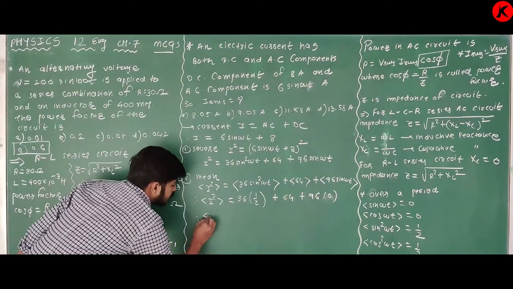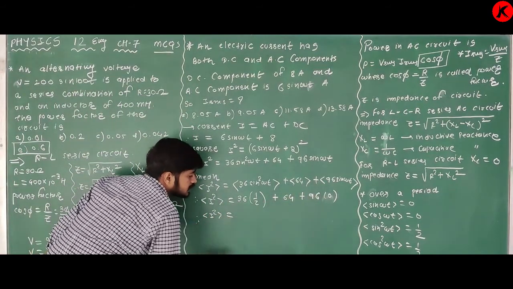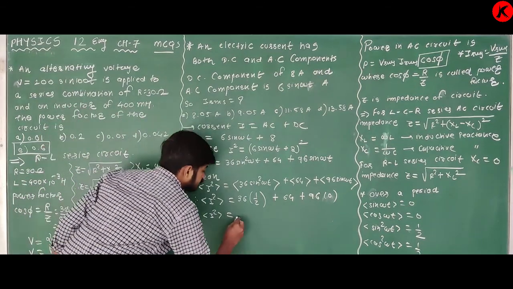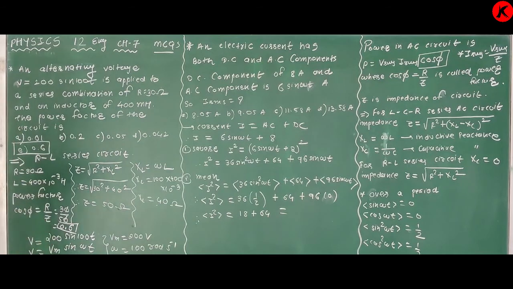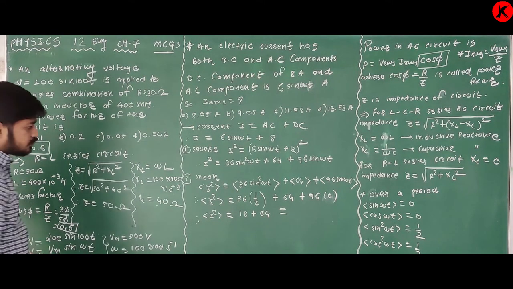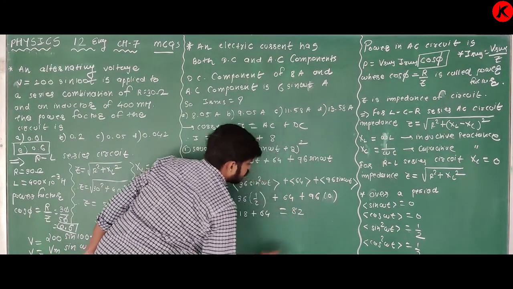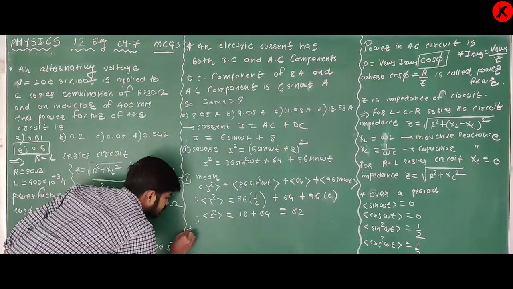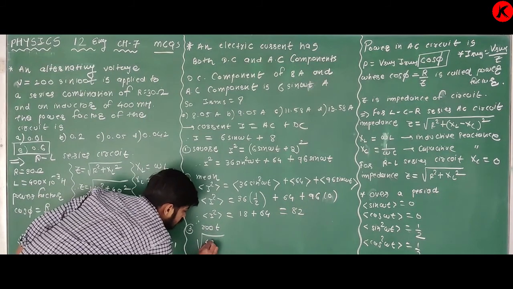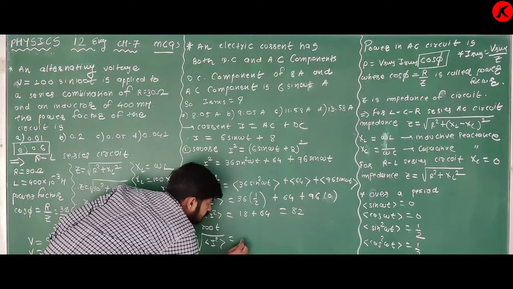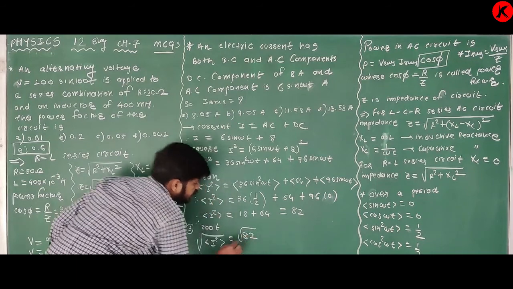So the average is 36 by 2, which is 18, plus 64. Now, the last step is to find the root. Under root I square is equal to under root 82.